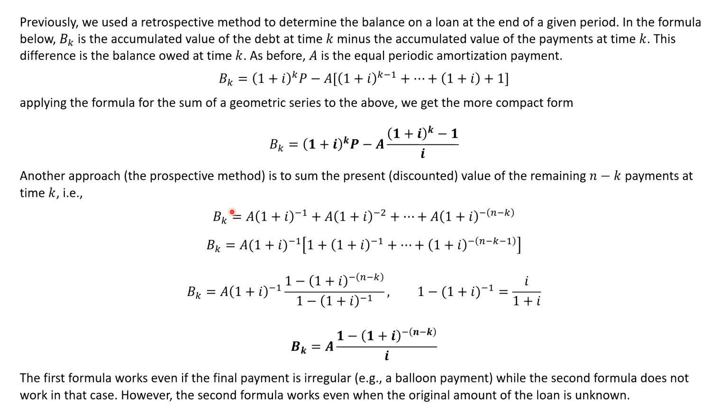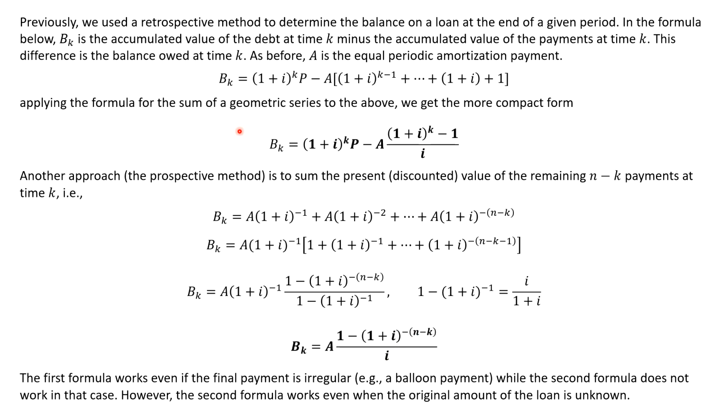So that would need to equal B sub k. Then we factor out an A times 1 plus i to the minus 1, and we get another finite geometric series. And we use the formula for the sum of a finite geometric series to get this here. Then I note that the denominator, if you work the algebra, which is not too hard, you get i over 1 plus i, and you plug that in here, and you get this expression here.